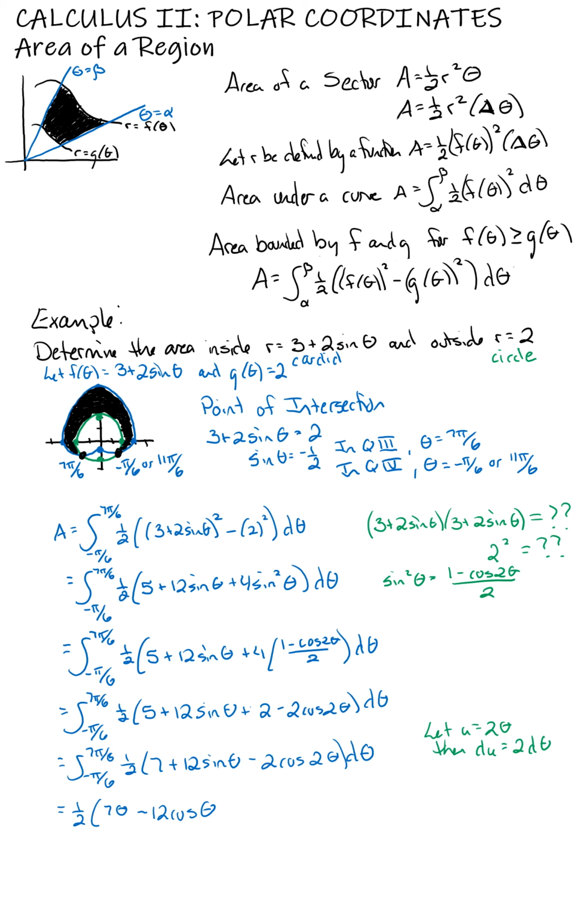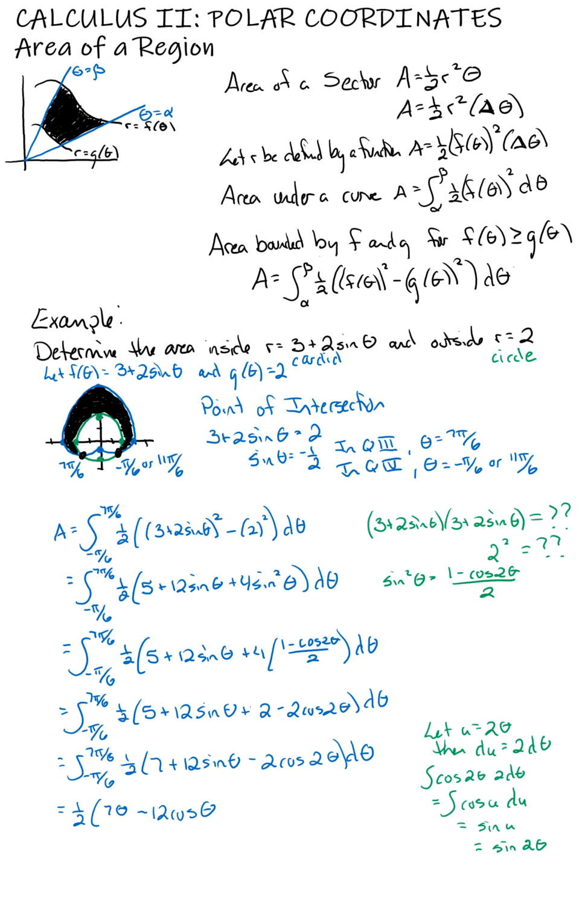We will be integrating, let's see, so the integral of cosine 2 theta times 2 d theta is the integral of cosine u du, which is the sine of u, which would give us the sine of 2 theta.